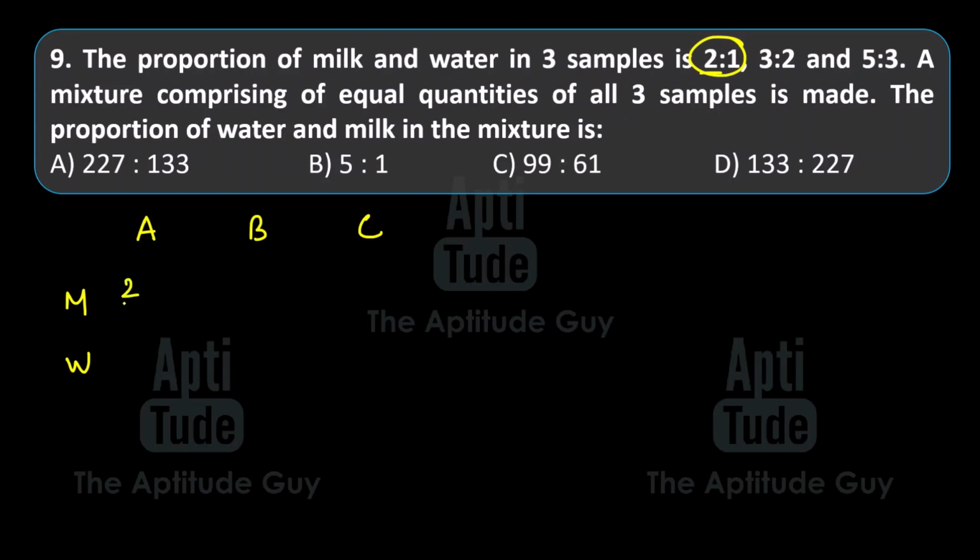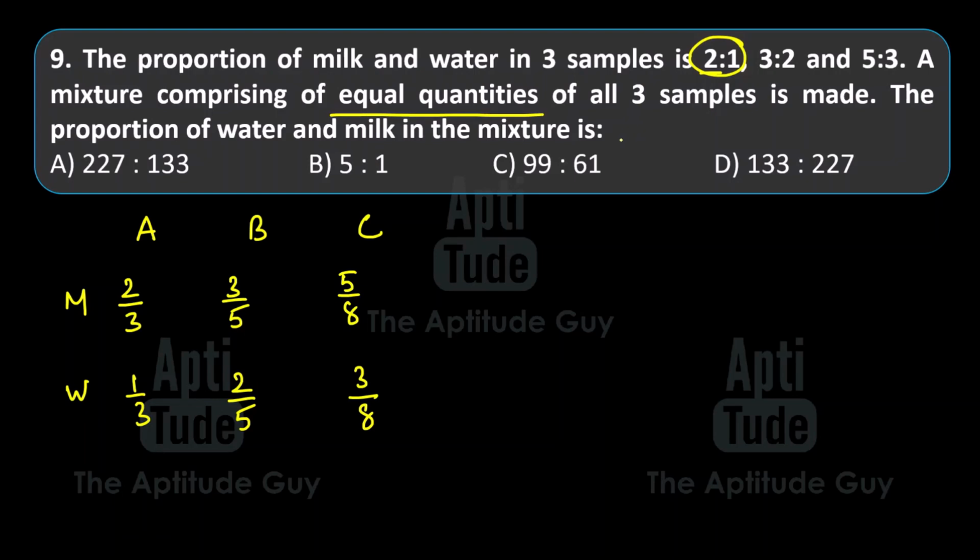So milk in container A is 2/3, water in container A is 1/3. Similarly, milk in container B would be 3 by 5 and water should be 2 by 5. And then milk over here is 5 by 8 and 3 by 8. Done. And they have mentioned a mixture comprising of equal quantities of all the 3 samples.